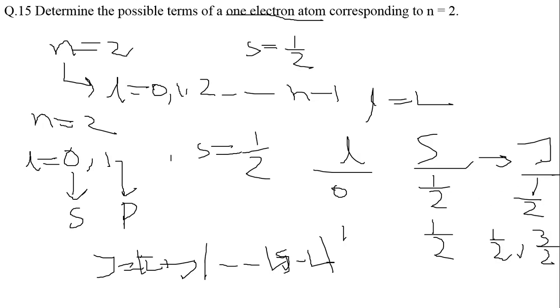So we will have 3 J values, that is half and half, 3 by 2. So for L equal to some value, S equal to some value, we will get J. For L equal to 0, S is half.